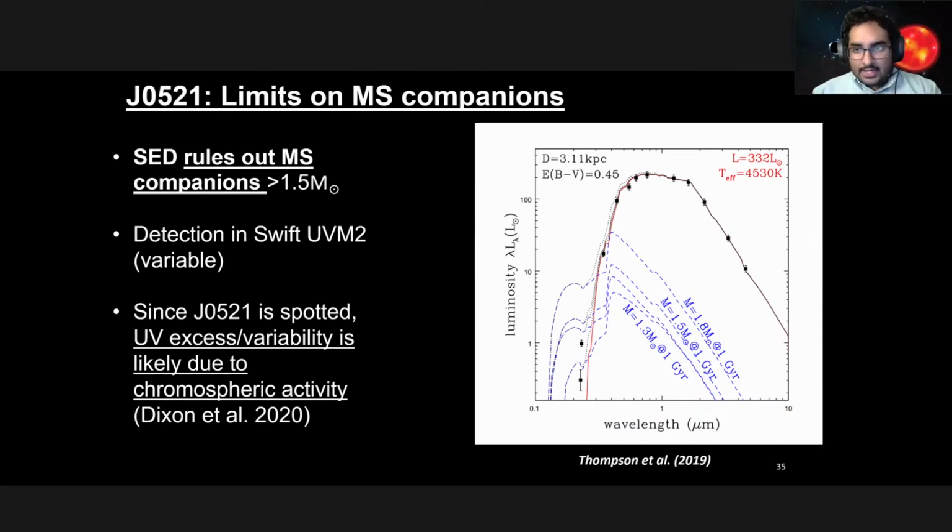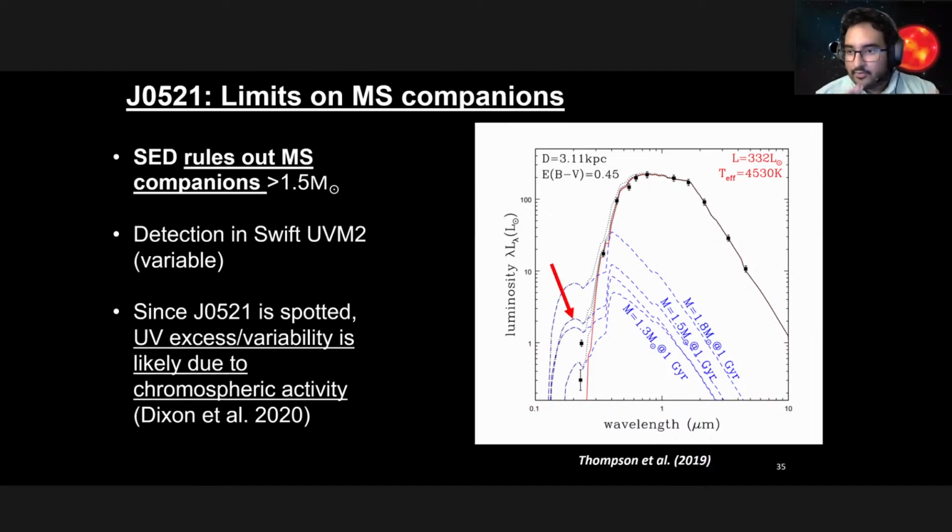The black data points correspond to the multi-band photometry, and the red line is the best fit SED of the giant. The blue lines show the SEDs of main sequence companions with various masses. Here I've shown 1.3, 1.5, and 1.8 solar mass models. So we use the SED to place a limit on the maximum mass of a luminous main sequence companion to the giant of about 1.5 solar masses.